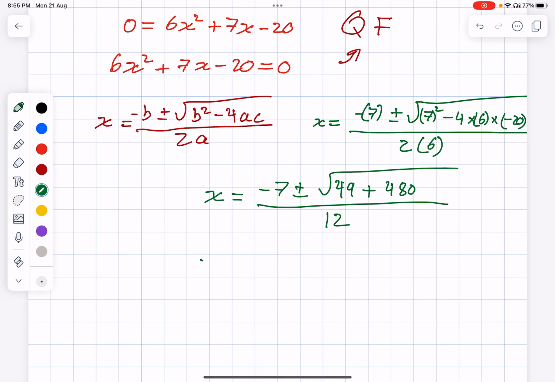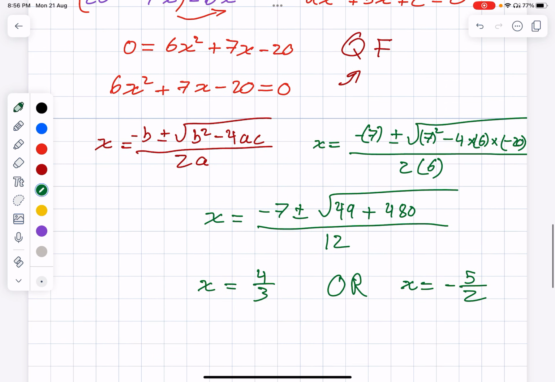Plug in these values in the calculator and you will get this. x will be equal to 4 over 3, or x is equal to negative 5 over 2.